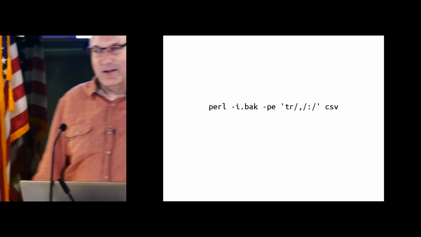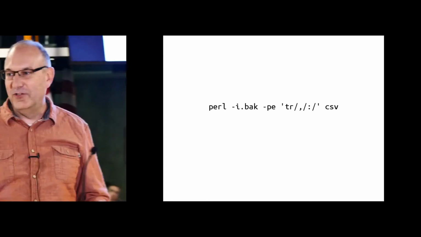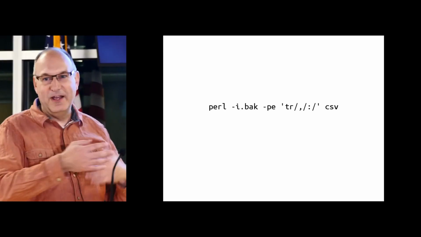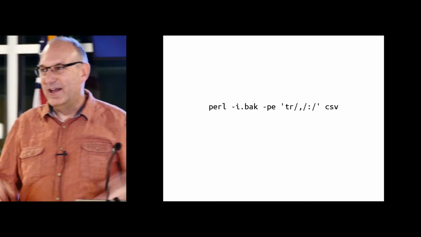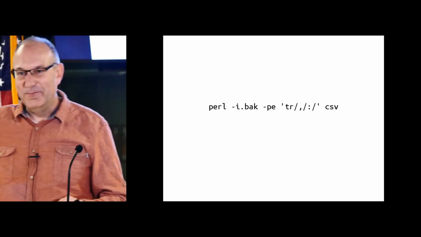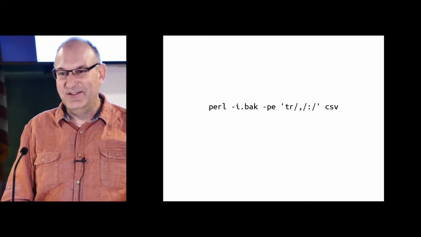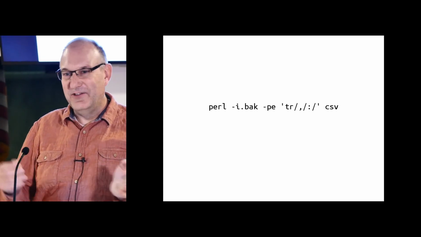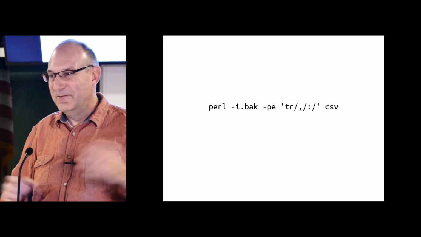So it creates a backup copy of the file you're currently working on, and then it iterates over all of the lines of the file and does an in-place edit of the file that you're working on. And so why I don't like it nowadays is because I would just rather use the greater than sign and dump it into a file. Because then I can dump it into a file that has a different file name, and I can diff them and make sure I haven't blown up the world.